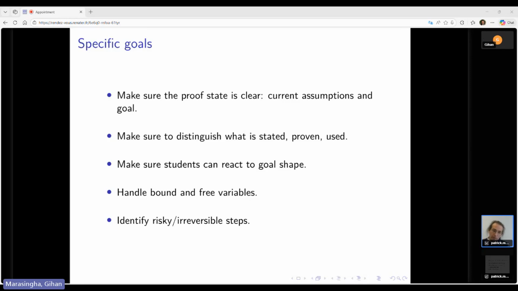And then when everything is clear like this, you can have students reacting to the goal shape, to the syntax of the goal, so that they can alternate between times where they simply react to the shape of the goal, to the root of the expression that they have to prove, and times where they need to think and decide something. And this is related to the last point I listed: identify risky or irreversible steps compared to just routine reversible steps.